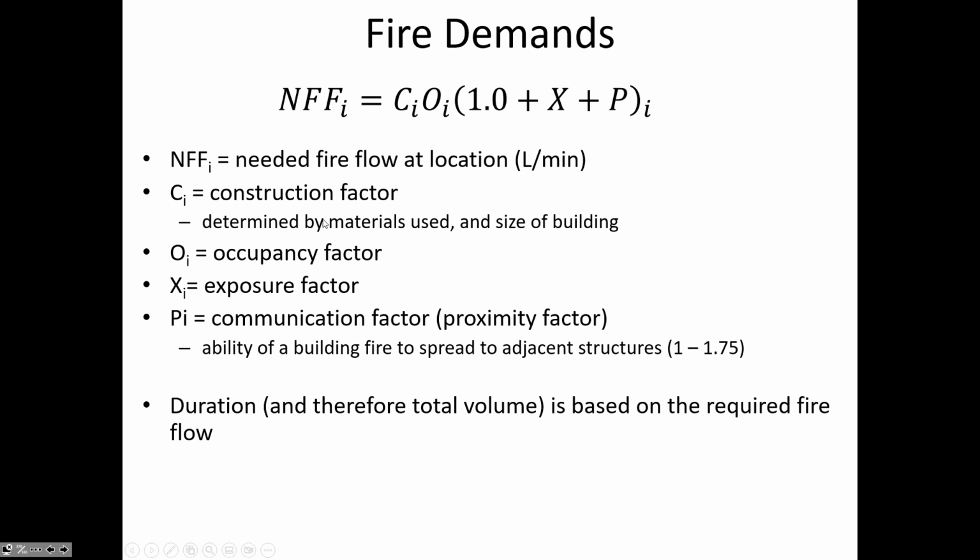So because there are so many buildings that are being made with wood nowadays, the construction factor is something that they pay special attention to based on the fire flows that could arise from that.